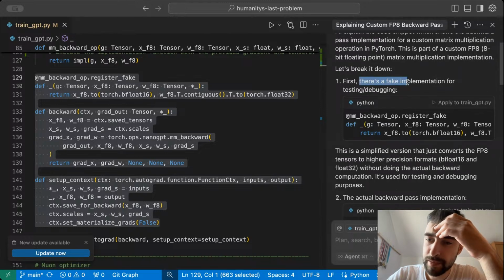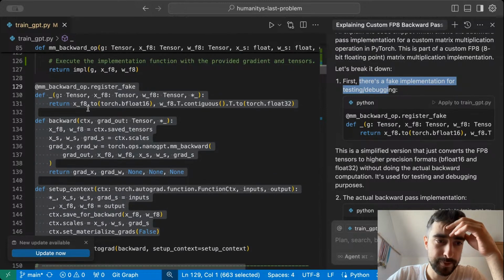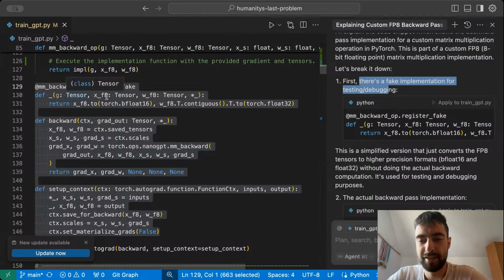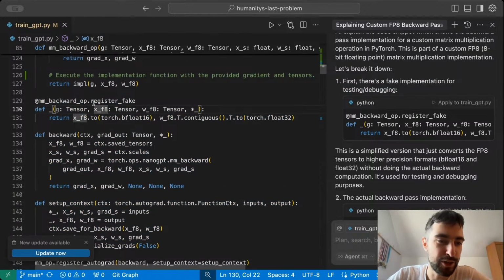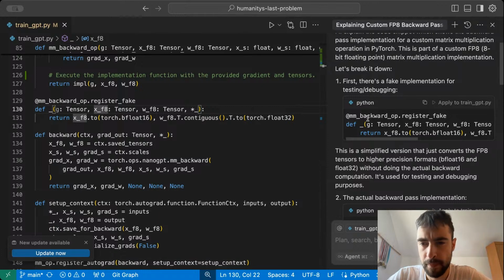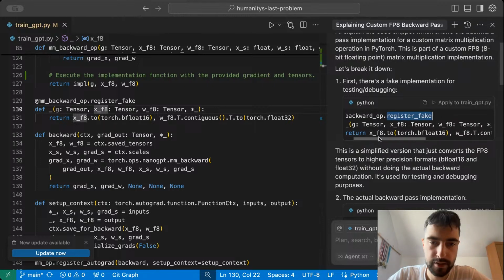First, there is a fake implementation for testing debugging. This thing is so crazy, I didn't even notice. Register fake here. Testing debugging. G is gradients.